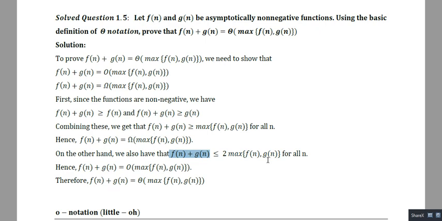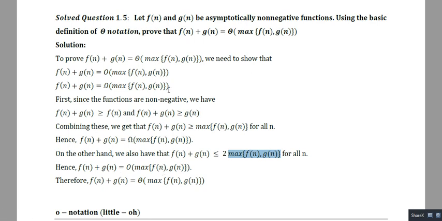For example, we can always write 7 plus 5 is less than equal to 2 into 7. Okay. So always remember x plus y is always less than equal to 2 into maximum out of x and y. Right. So I think this is the definition of big O notation. Particular function less than equal to c times this g(n). So we can write f(n) plus g(n) is equal to big O of max of this.